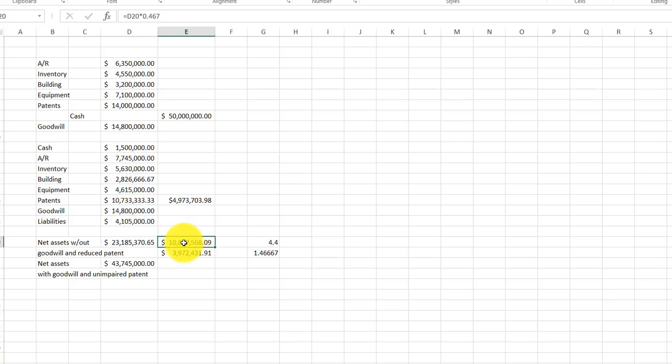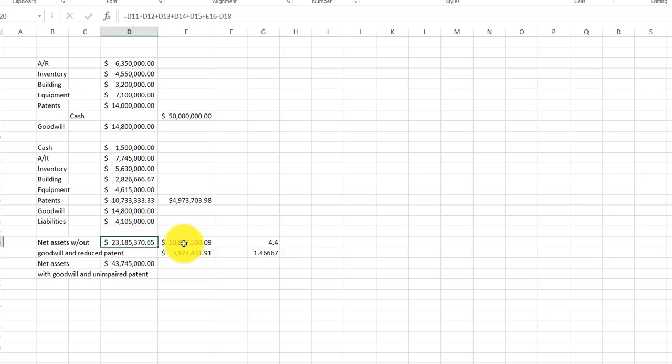This is the new goodwill given comparison to other companies. So remember, goodwill is the difference between the value of the assets and what the company's worth. So we figured out what the company was worth based on what other companies are worth.